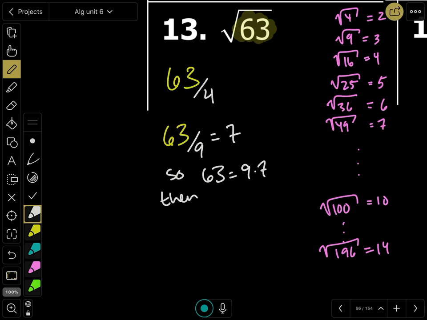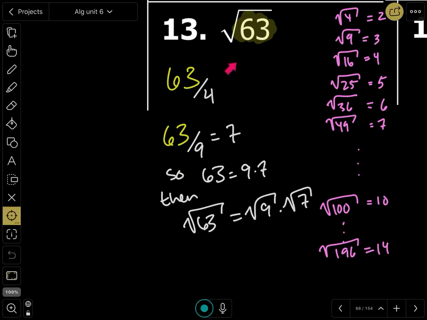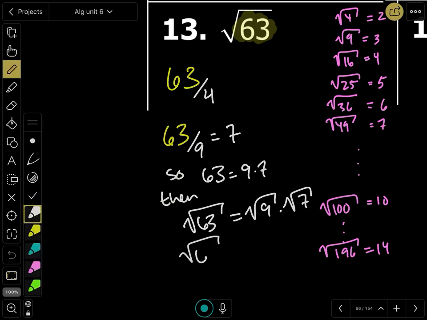Then we will know that the square root of 63 is equal to the square root of 9 times the square root of 7. And you might be thinking, Mr. Hister, no big deal. Well, it is a big deal because the square root of 9 is 3. So the square root of 63 is equal to 3 times the square root of 7.